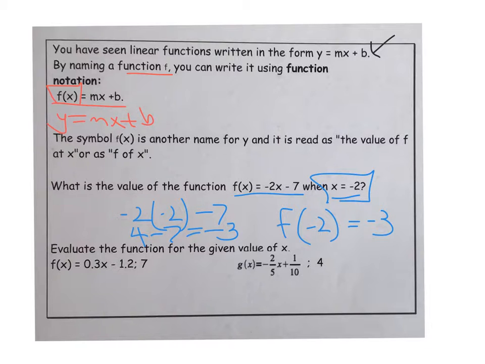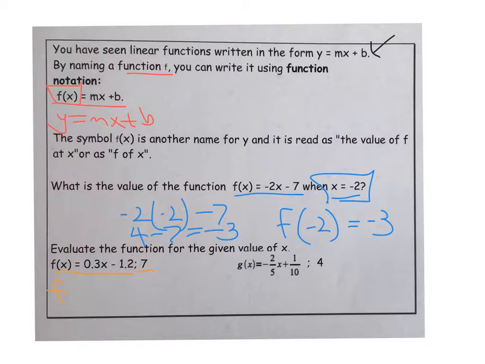So let's do this next one. Same thing here. f of x is equal to 0.3x minus 1.2. And I'm looking for the function's value when x is equal to 7.